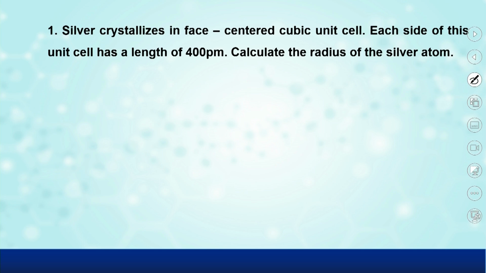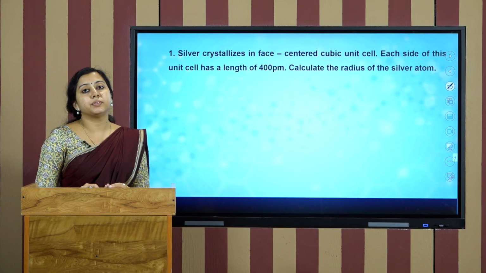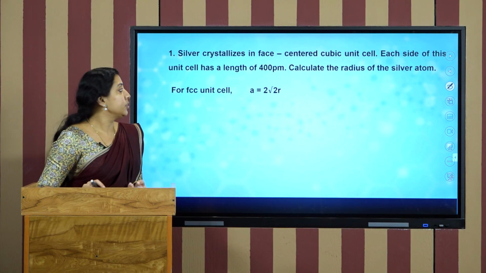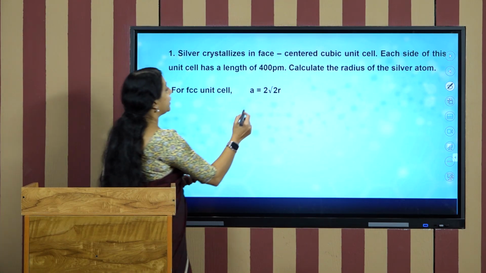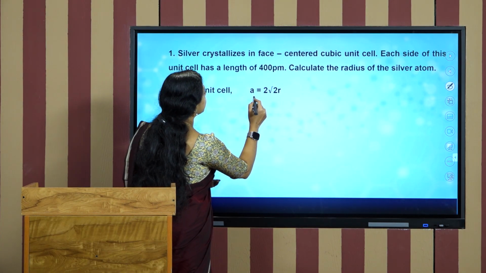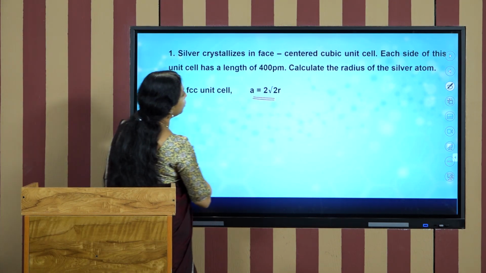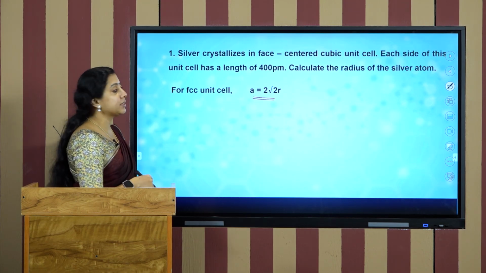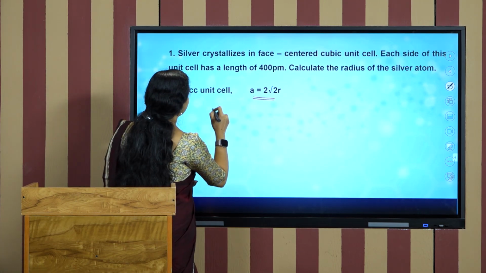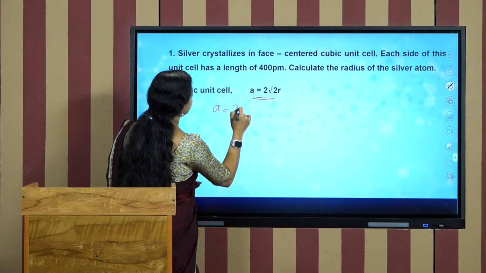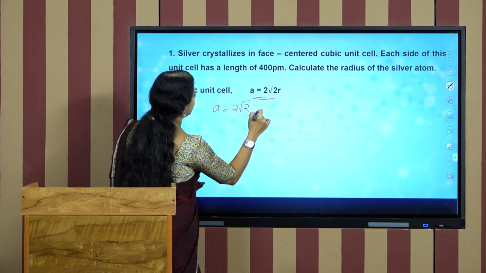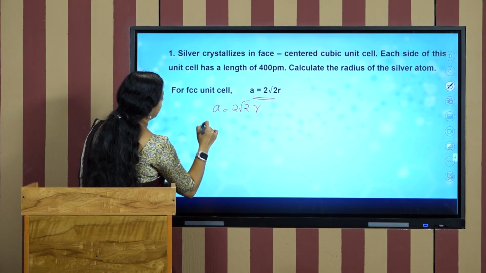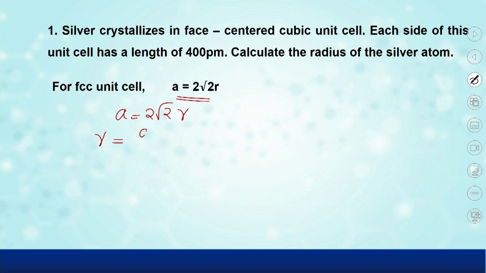Given that silver crystallizes in FCC lattice, for an FCC unit cell the formula of the edge length is a equals 2 root 2 r. So, if a equals 2 root 2 r, then r will be equal to a by 2 root 2.